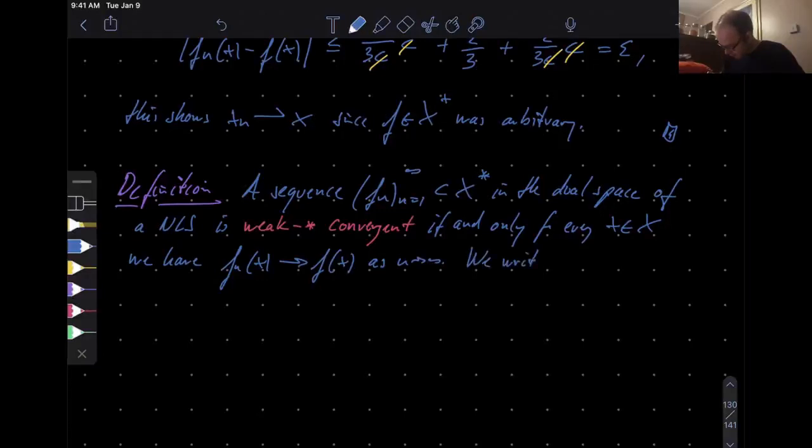We write Fn, again sort of half an arrow, and then I make a star on top, to f as n goes to infinity. All right, so this notion is really dual to the weak convergence, in that in the weak convergence it was xn goes to x, so the index was on the x, not on the linear functional, if f of xn goes to f of x. Now here the roles of x and f are sort of swapped, right?